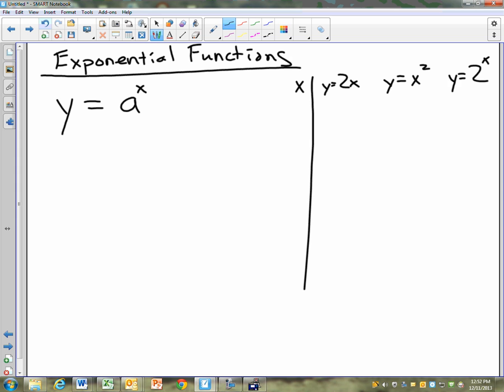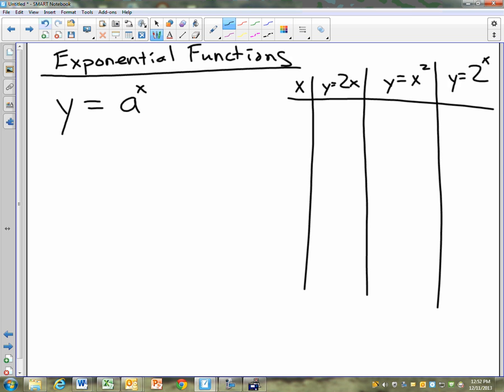So I'm going to make a table of a bunch of different functions, and we're going to look at their behavior. We're going to plug in values of -3, -2, -1, 0, 1, 2, 3, 4. Go all the way up to 6.